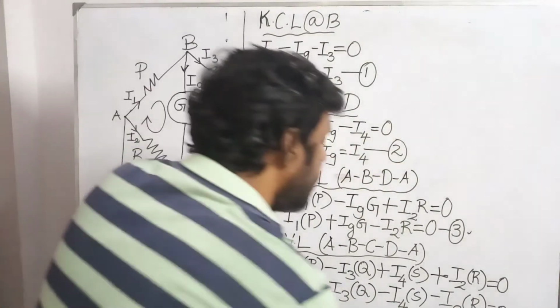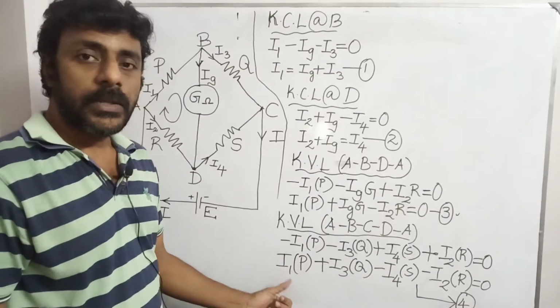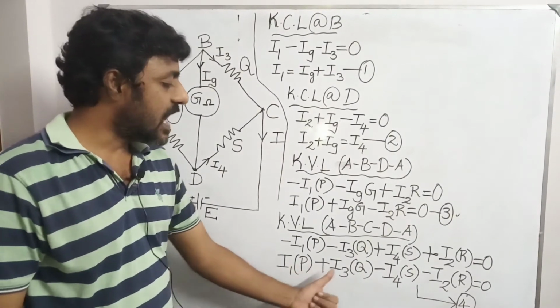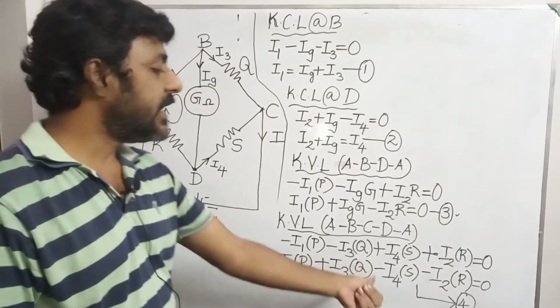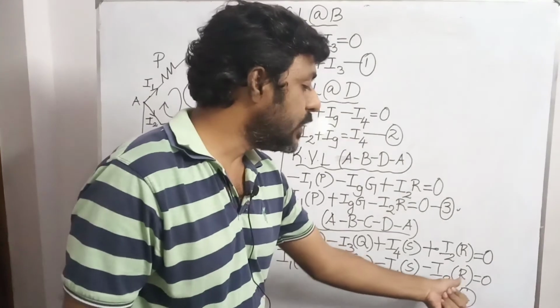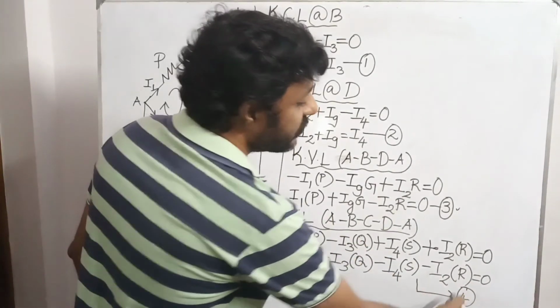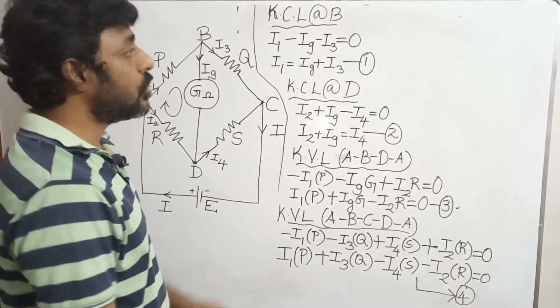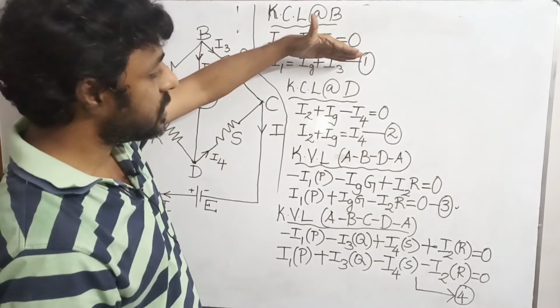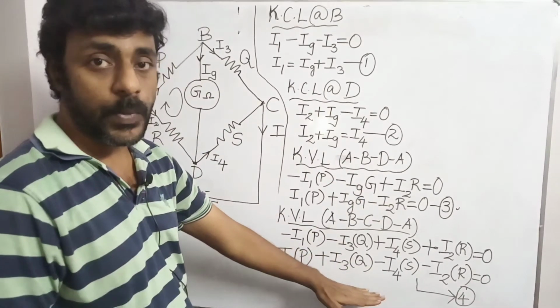Now I am assigning this as equation number 4. So I1P plus I3Q minus I4 into S minus I2 into R equal to 0. I am going to name it as equation number 4. So I got the first equation, second equation, third equation, and fourth equation.